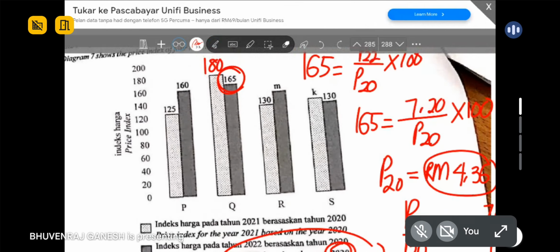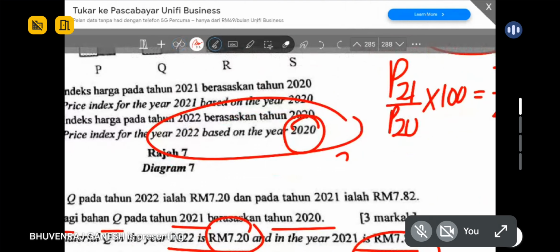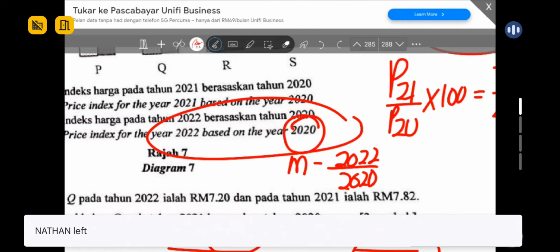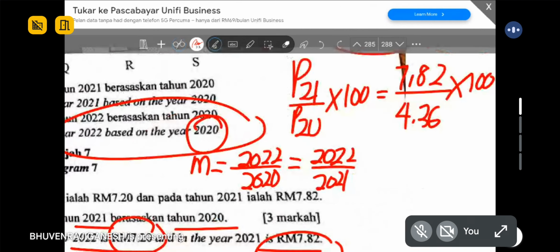So chain rule lah, guys. You must use chain rule. So the question is they want 2022 over 2020. This is your M value, nilai M. So you take 2022 over 2021 times 2021 over 2020 times 100.